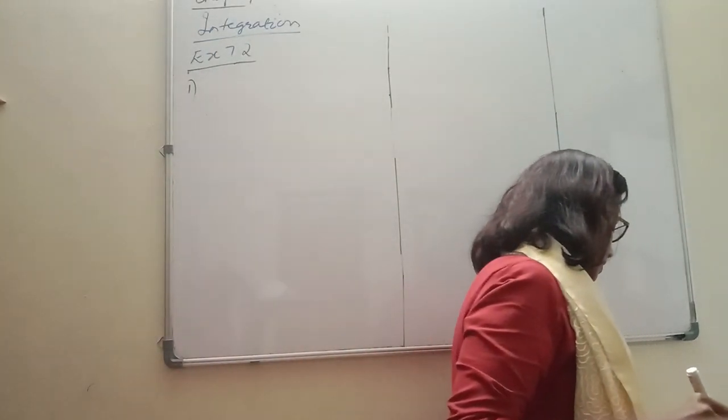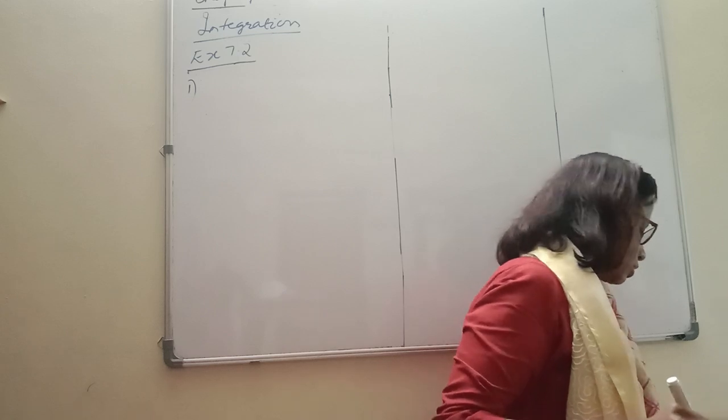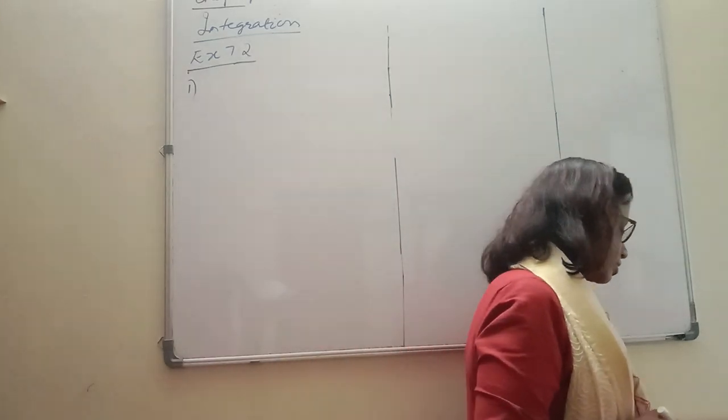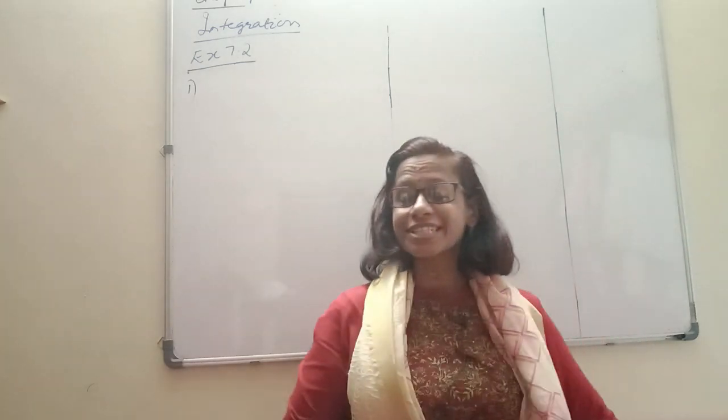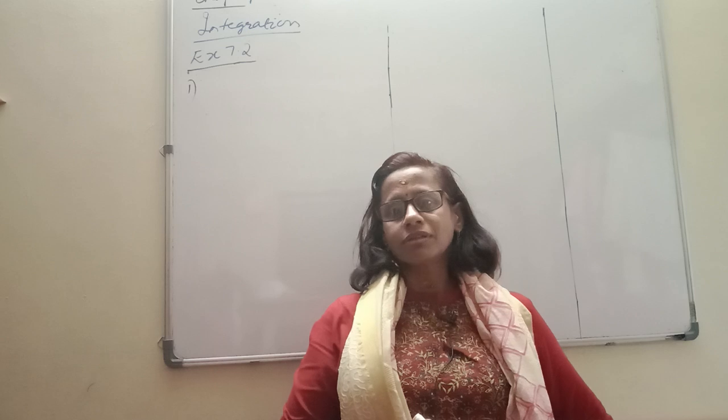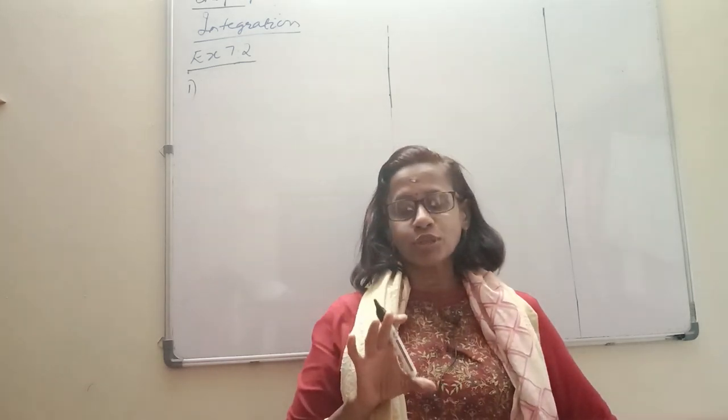The first problem gives you a common instruction: integrate the following. There are 37 questions in this exercise. Of course, I'm talking about the old textbook, not the new one.